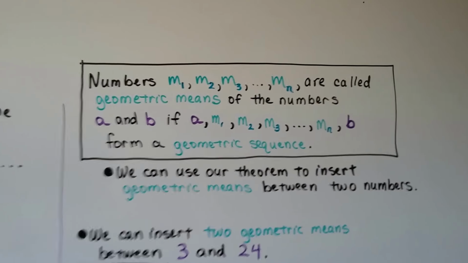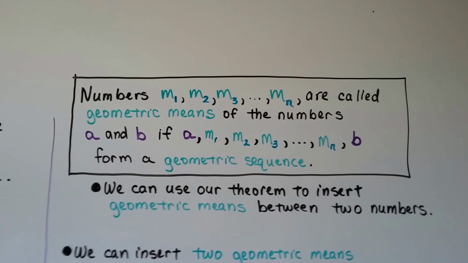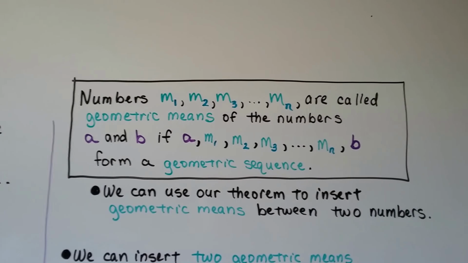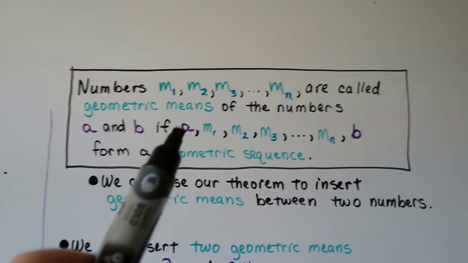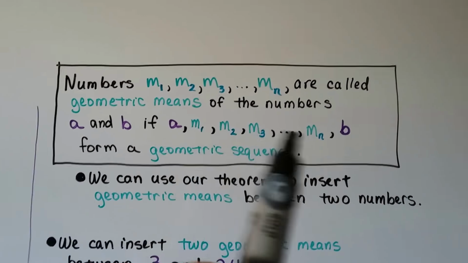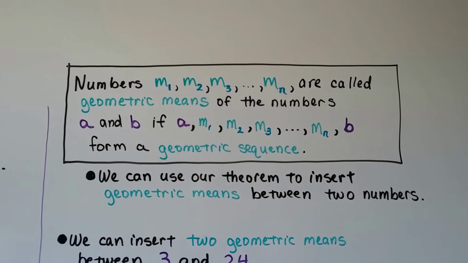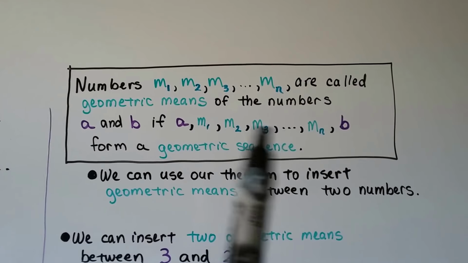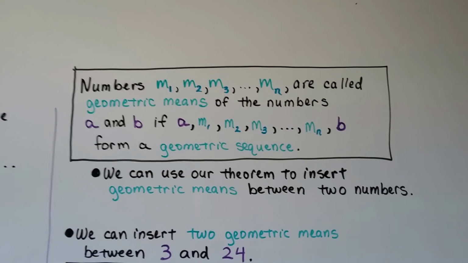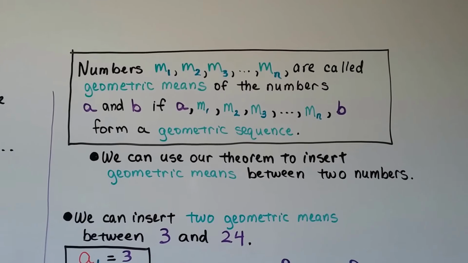Well, the numbers m sub 1, m sub 2, m sub 3, and so on to m sub n are called geometric means of the numbers a and b if they form a geometric sequence. All right, so if in between a and b we put these means and it makes a geometric sequence, okay, then we have geometric means.